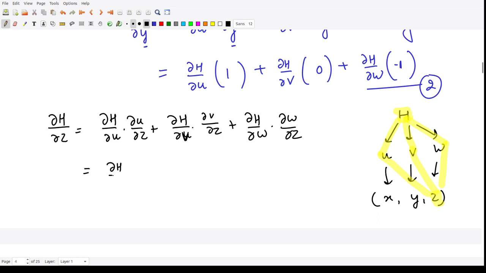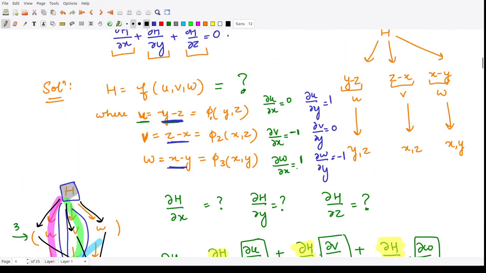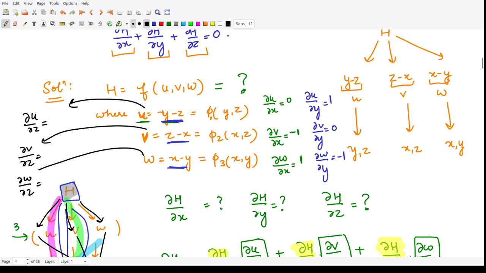Because we do not know the expression for h, we'll write these terms as such, and then we'll calculate the values of del u by del z, del v by del z and del w by del z. So now from here you can calculate del u by del z, del v by del z is from this one, and del w by del z is using this particular expression.